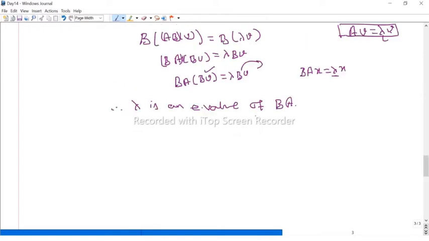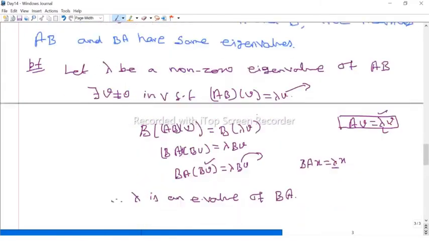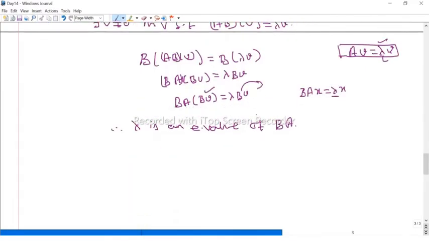So that is the next point: A and its transpose, A transpose, have the same eigenvalues.